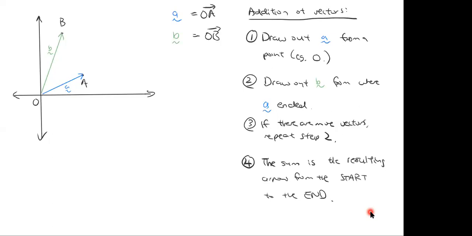So in our example here, let me pick a point. It could be anywhere. So I'm going to pick that as my starting point. And I'm going to do A plus B, which means if I do A first, I'm going to draw A. In my example, A looked approximately like this.